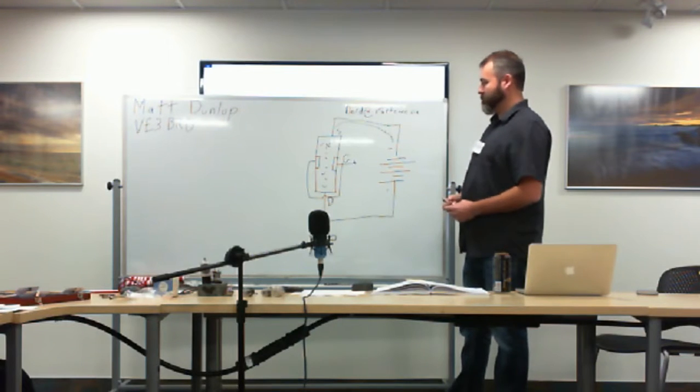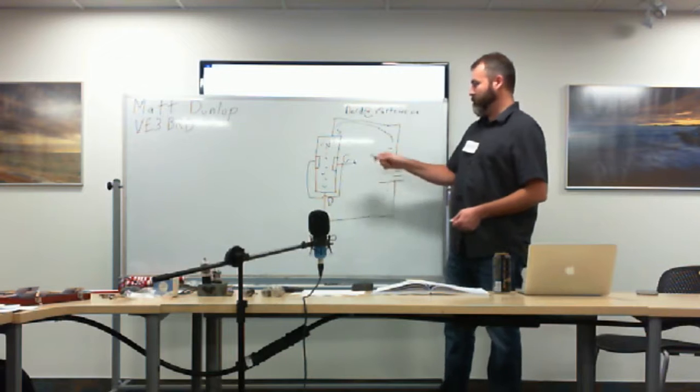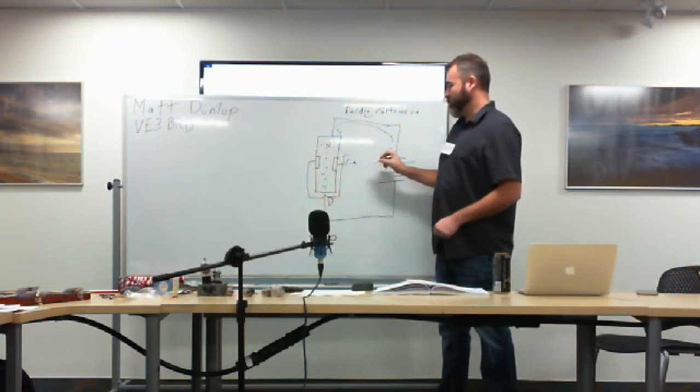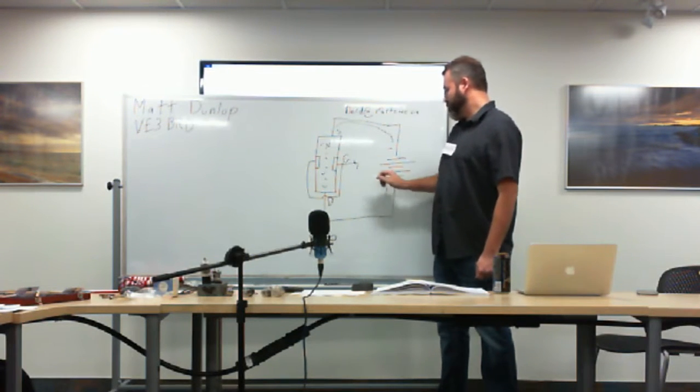So now we want to do something. Well, the way this works is the gate, depending on the type, if we have an N type, we connect the gate to a positive source.